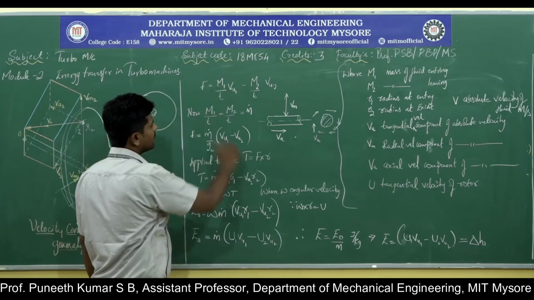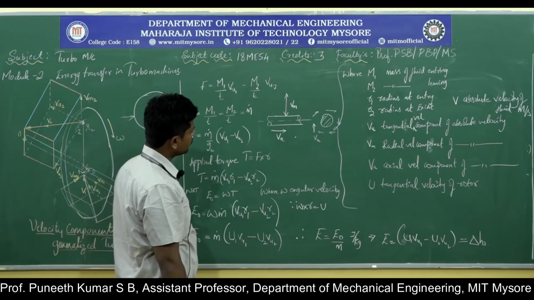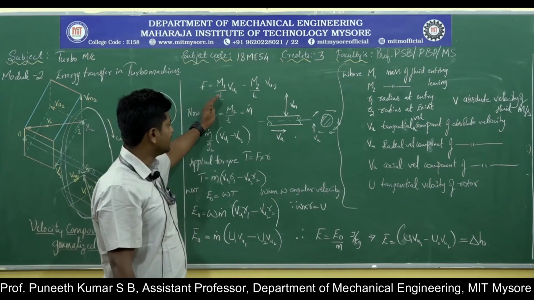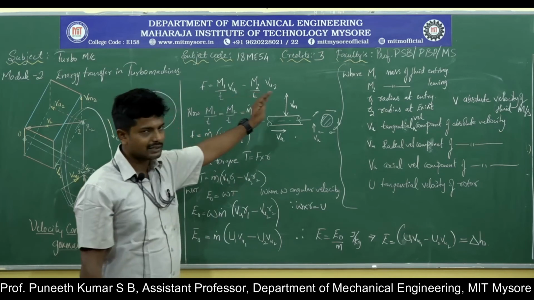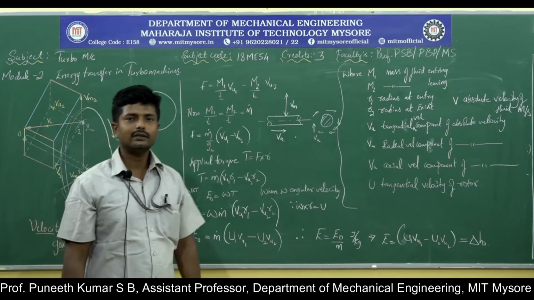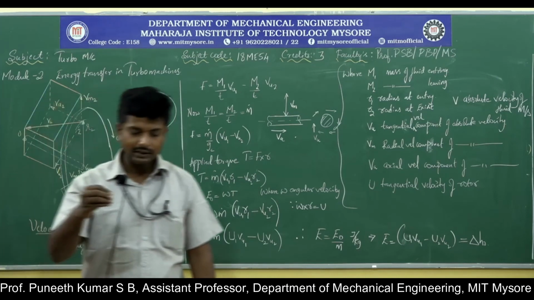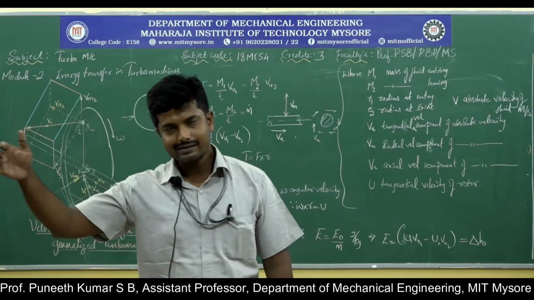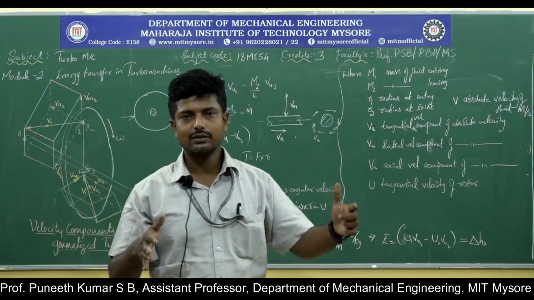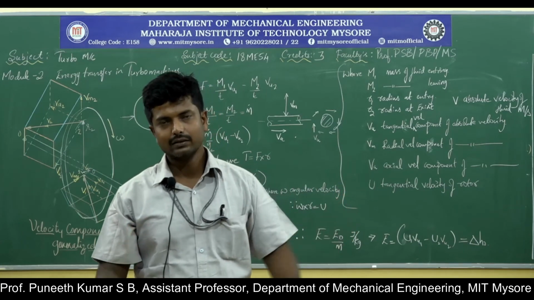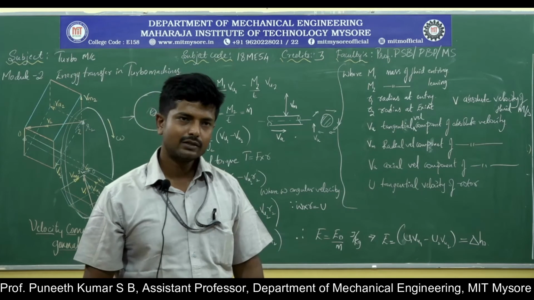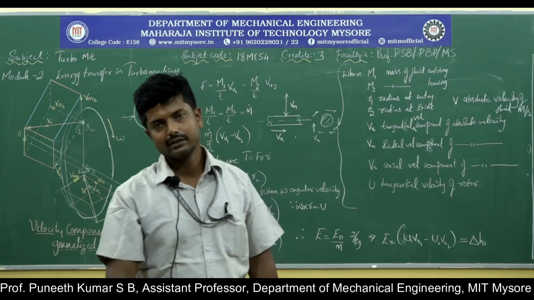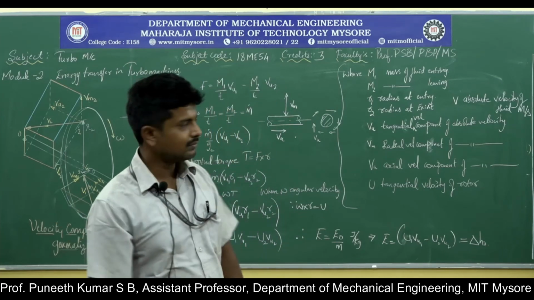So now I can write m1 by t is equal to m2 by t. That is, mass at the entry and mass leaving at the exit. If it is a liquid, by the continuity equation and the law of conservation of mass, the mass flow rate at the entrance and the mass flow rate at the exit should be the same for incompressible fluids, whereas for compressible fluids it might vary to a small extent, but if it is in steady state, even there the mass flow rates at the entry and exit will become the same.